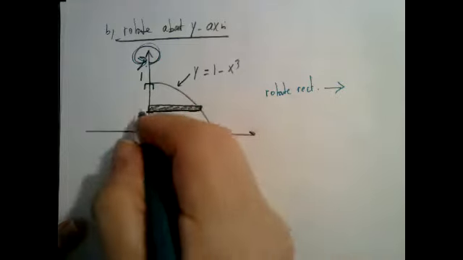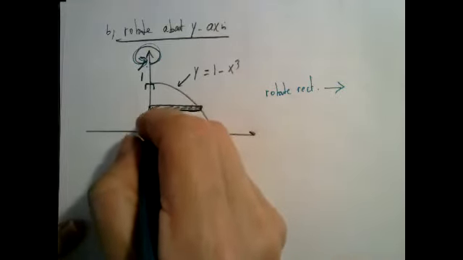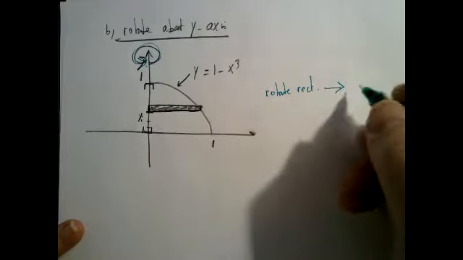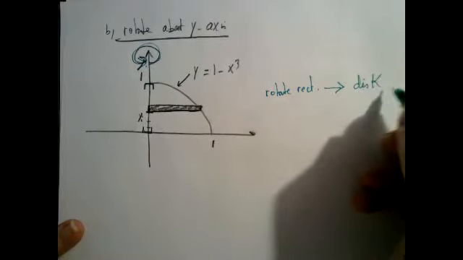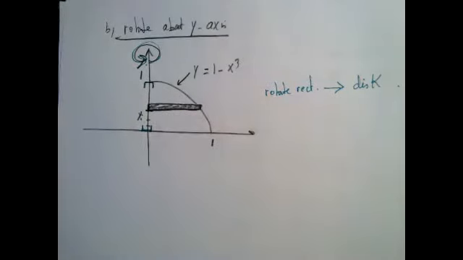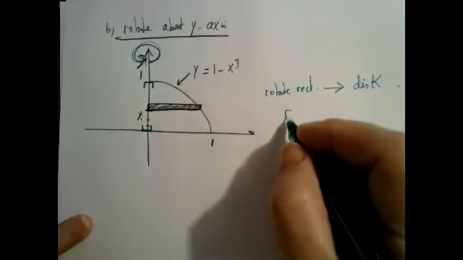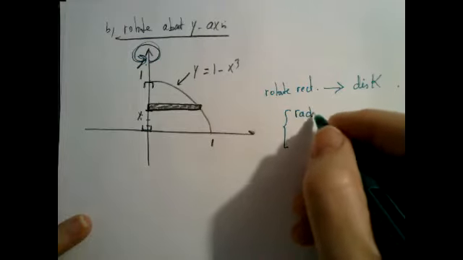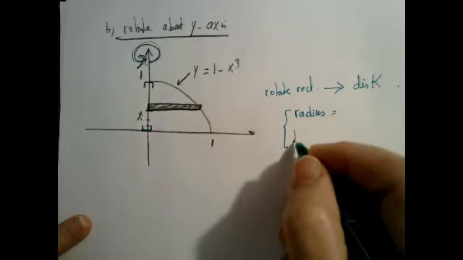We are rotating this rectangle. There is no hole because my rectangle is touching the axis of rotation. So I'm going to get my disk. Now, to find the volume of a disk, we need the radius, there is no inner and outer in this case, and we need the height.